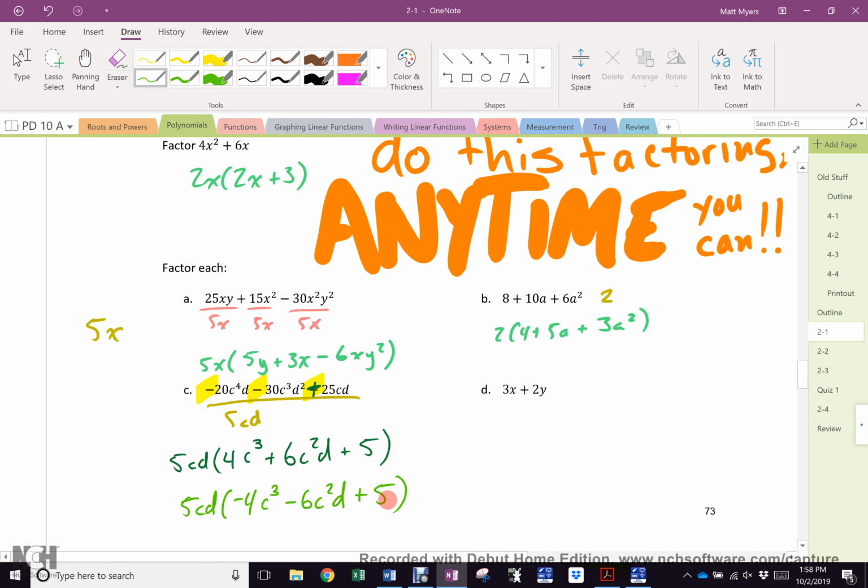Now, some math teachers would mark this wrong because they don't like that leading negative.